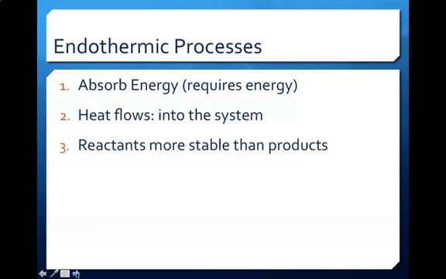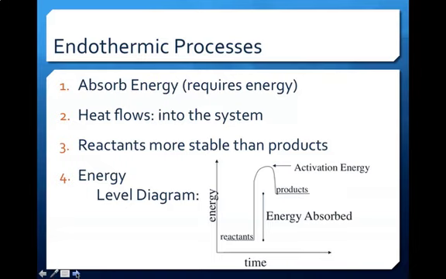The reactants, so if we're now changing our minds from processes to actual reactions, the reactants are going to be more stable than the products. We often use an energy level diagram to discuss this. So we have energy increasing on the y-axis, time increasing on the x-axis.